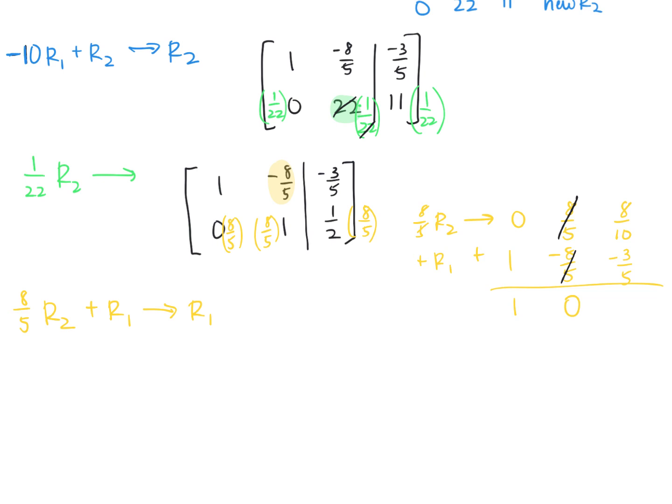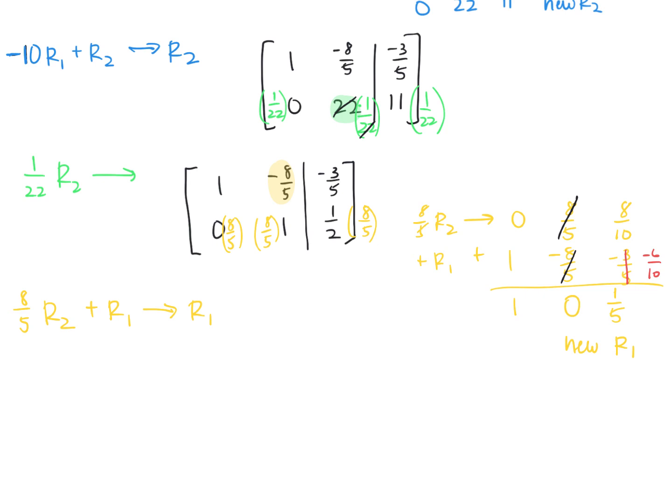And then 8/10 minus 3/5. Well, this will really just be negative 6/10. If I find a common denominator, I will get positive 2/10, which is positive 1/5. So this is my new row 1.